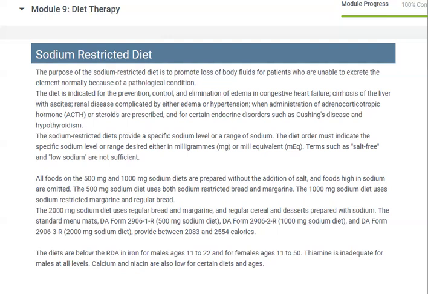The diets are below the RDA in iron for males ages 11 to 22 and for females ages 11 to 50. Thiamine is inadequate for males at all levels. Calcium and niacin are also low for certain diets and ages.